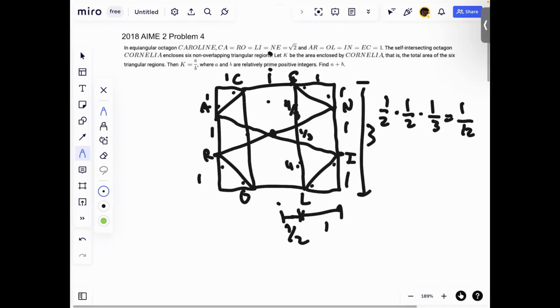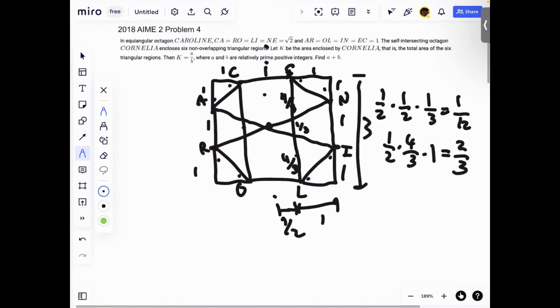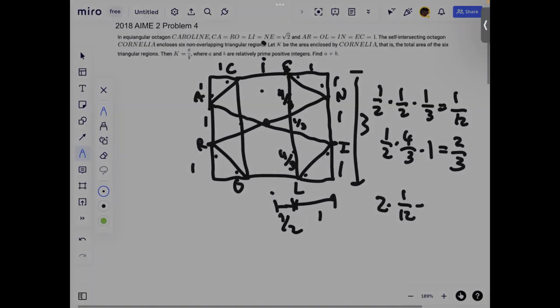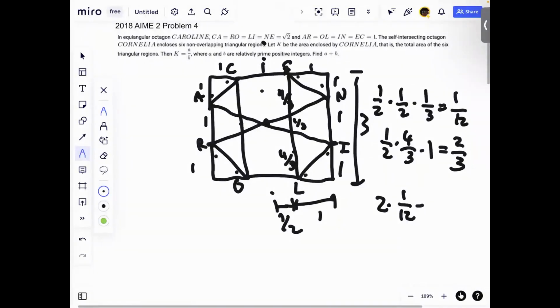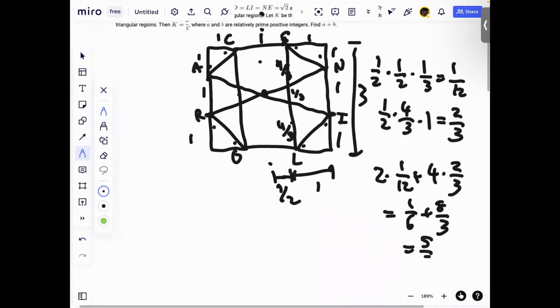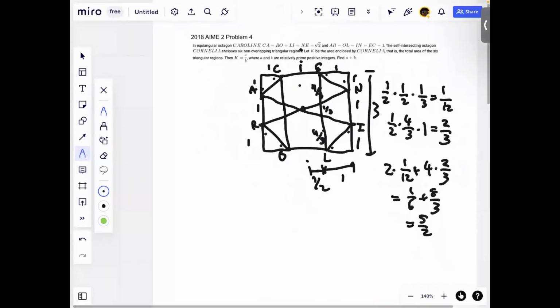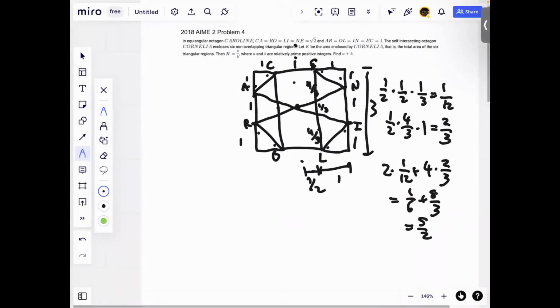Then 4/3 times 1 is equal to 2/3. So now we do 2 times 1/12 plus 4 times 2/3, so the first part is 1/6 plus 8/3. This is just 5/2. And it's asking for A plus B, so the answer would be 7.